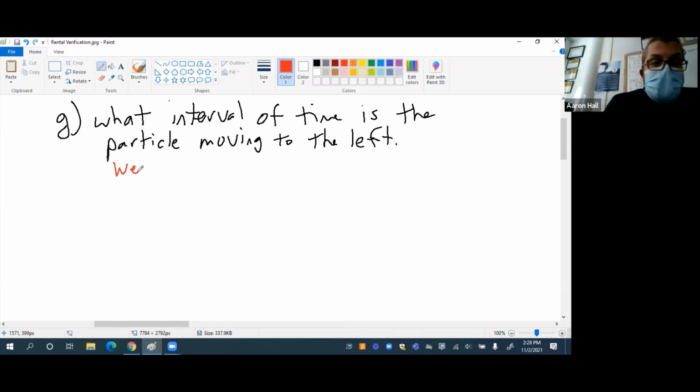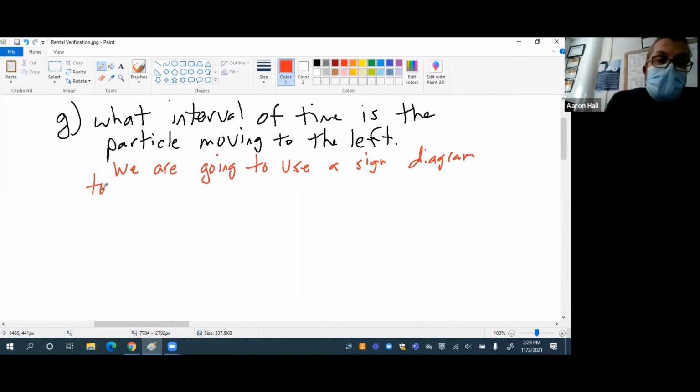So we are going to use a sign diagram to determine where or when the particle is moving to the left or right.